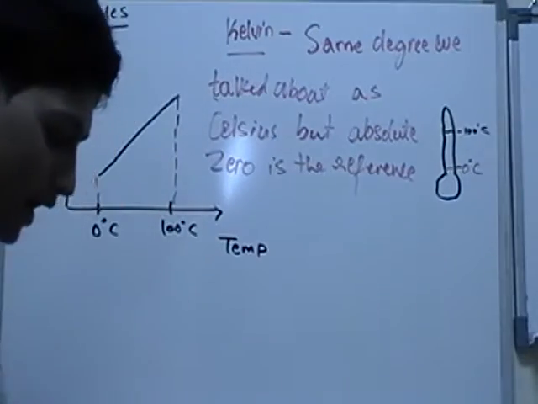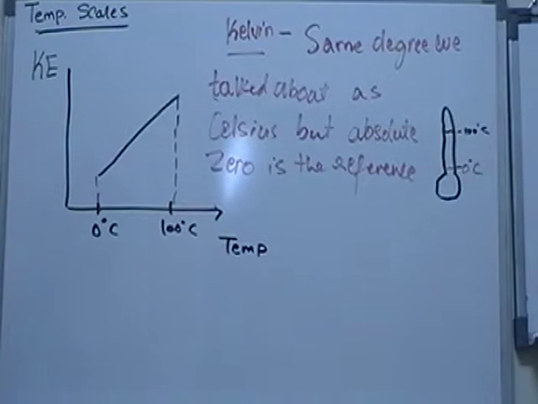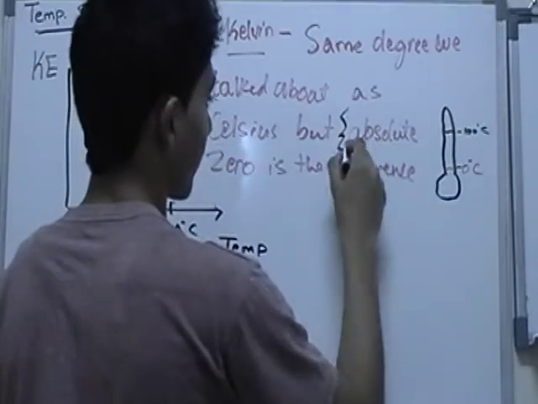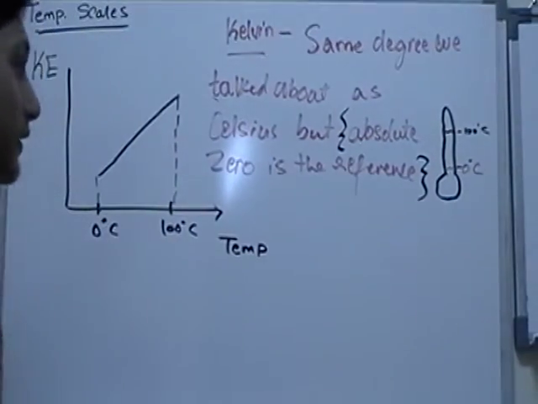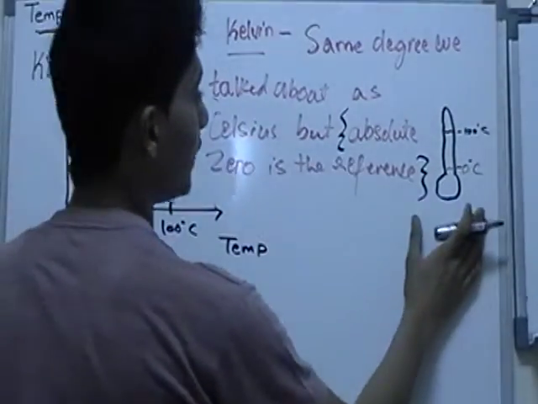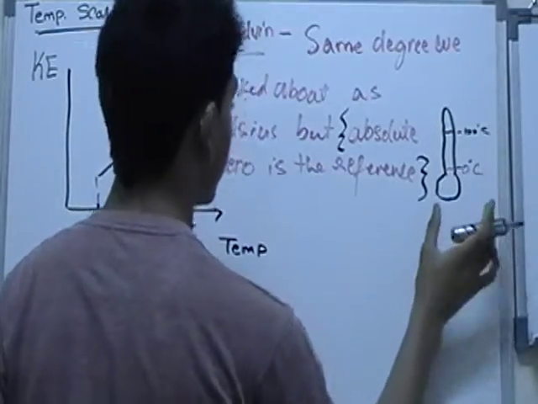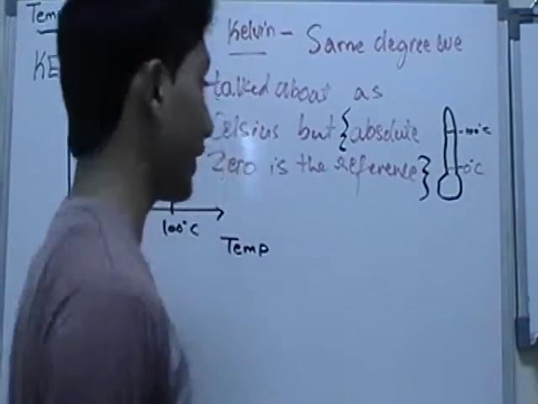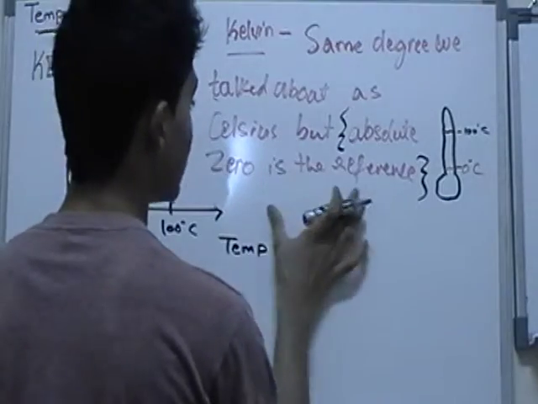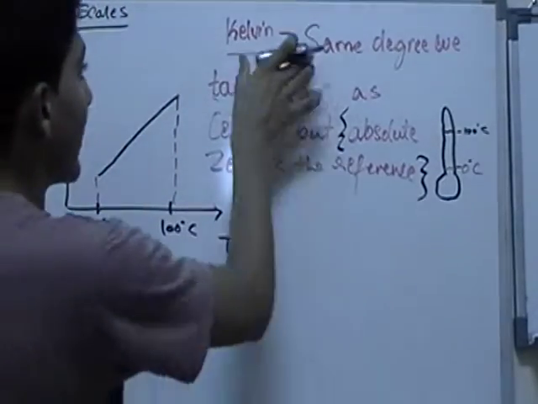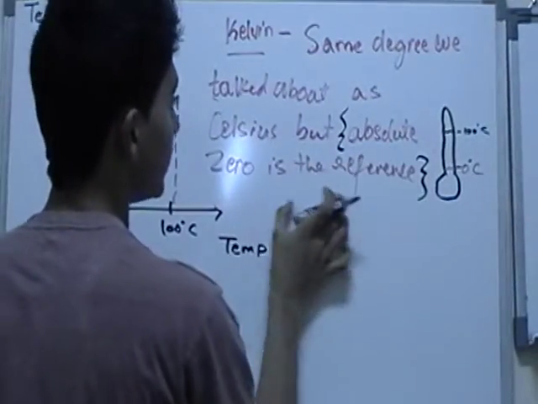Now let me highlight what the difference is. From here to here, that's the difference. Basically, it uses the same kind of thing that we already talked about in Celsius. The additional point that Kelvin adds is that it uses absolute 0 as the reference.